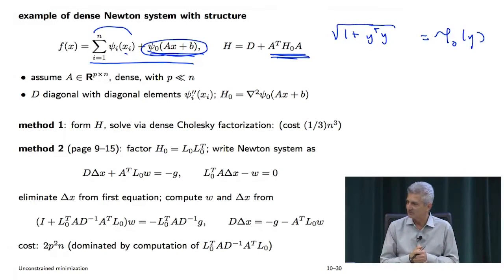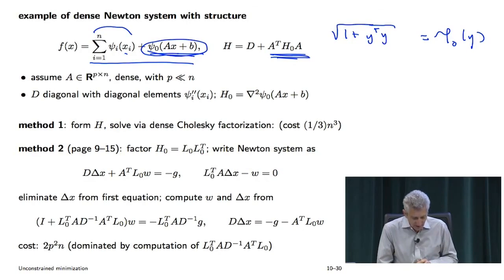So the point is, you stare at that and you realize that if A here is wide, then that's low rank. So a function of a low dimensional affine function, the Hessian of that is low rank.